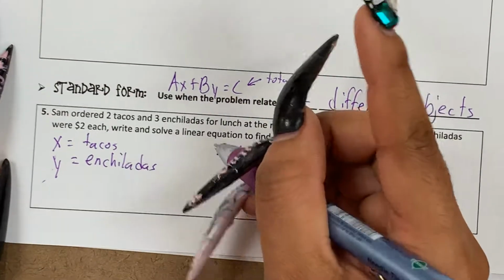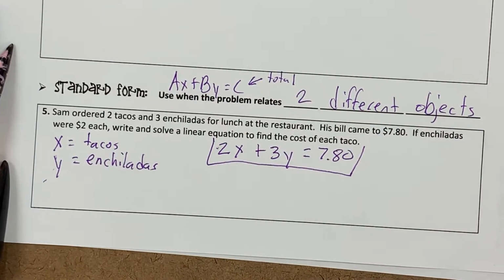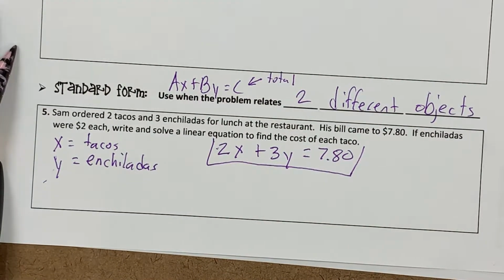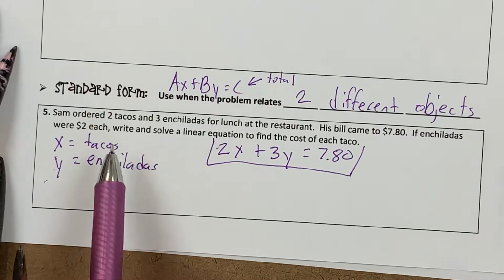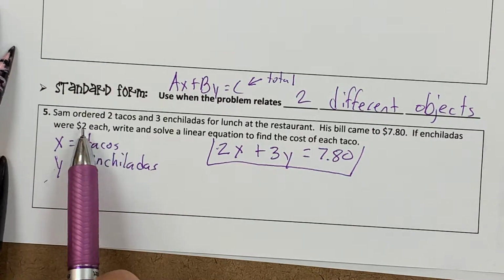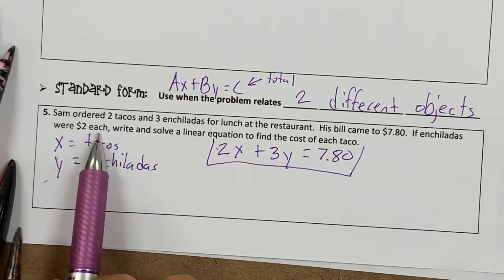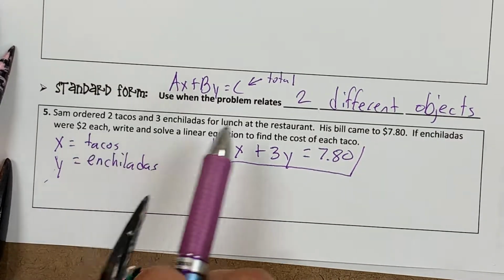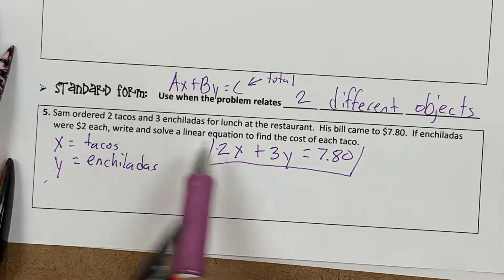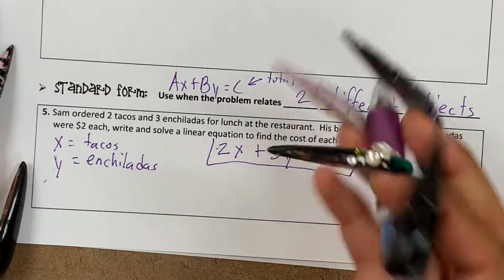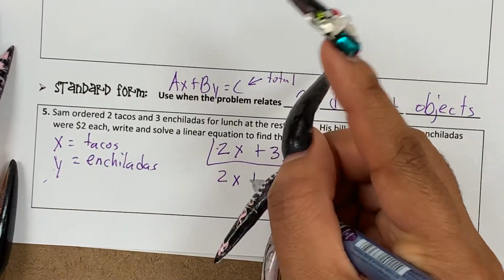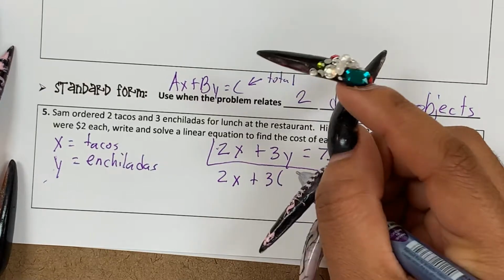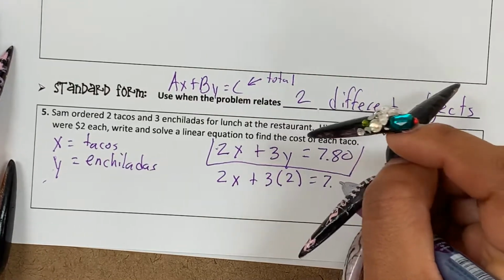That's the equation. So now we're going to use the equation to find the cost of the tacos. If enchiladas were $2 each, how much was each taco? So enchiladas was Y. So enchiladas cost $2.